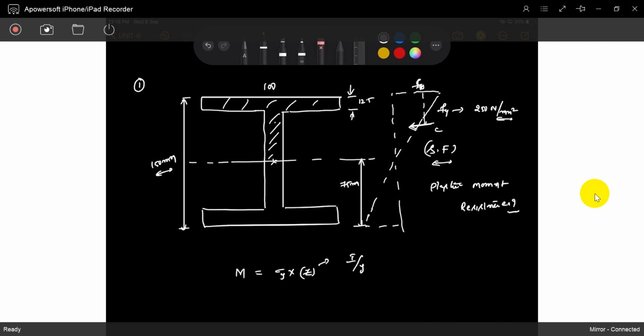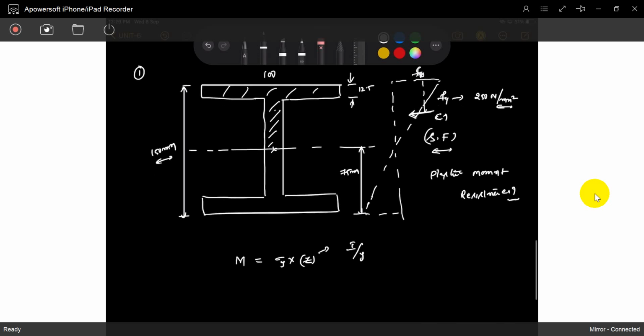If you find I by y, that will be the same. So that is exactly I by y, the moment carrying capacity by elastic analysis.